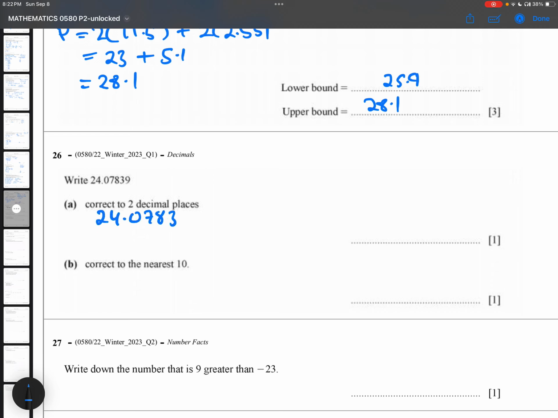I will underline the second decimal place, that's 7, and I will have to see whether the next number after 7, it's 8 over here, I'm circling it, is greater than or equal to 5 or not. If it's greater than or equal to 5, the 7 will be rounded off to 8. The circled digit is 8, so this will become 24.08.